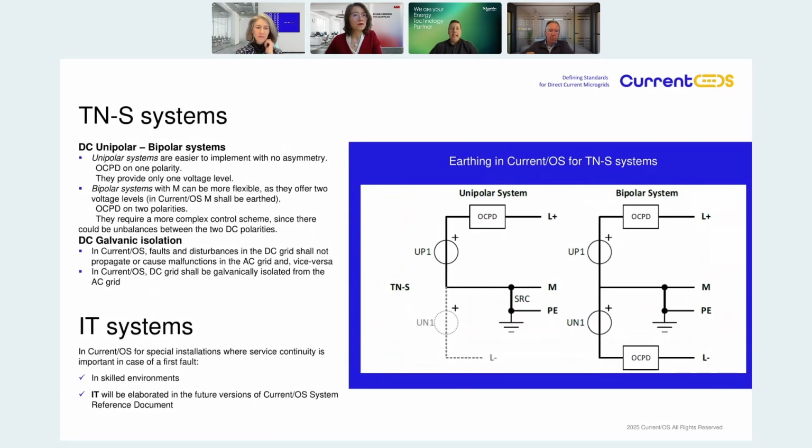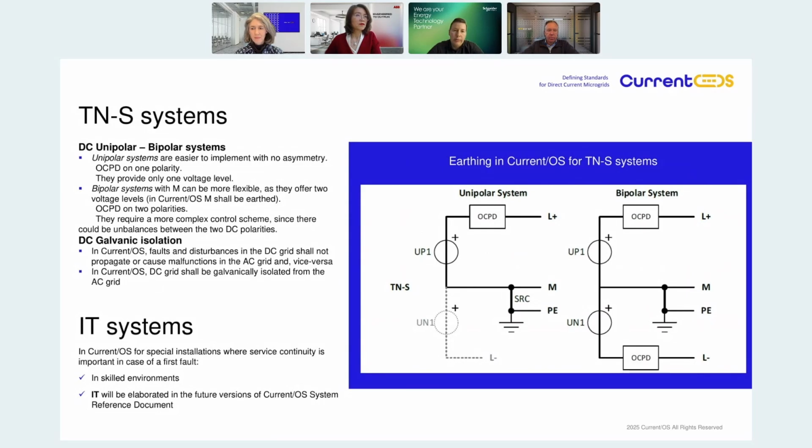So in current OS, and this is my last slide, we recommend either TNS or IT system, in particular TNS system. As you can see here in the figure, we can have either a unipolar or bipolar system according to the voltage towards ground.